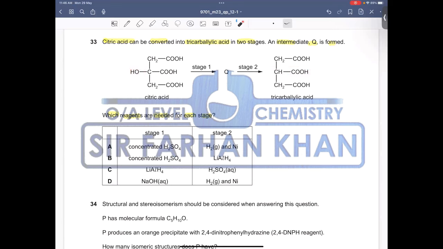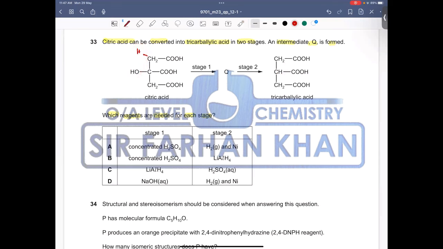So what we can do is remove water from here. The removal of water is basically dehydration or elimination, and for that we need concentrated sulfuric acid.